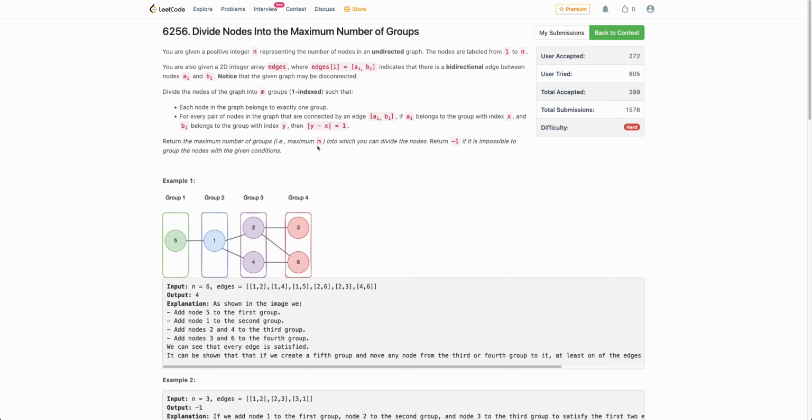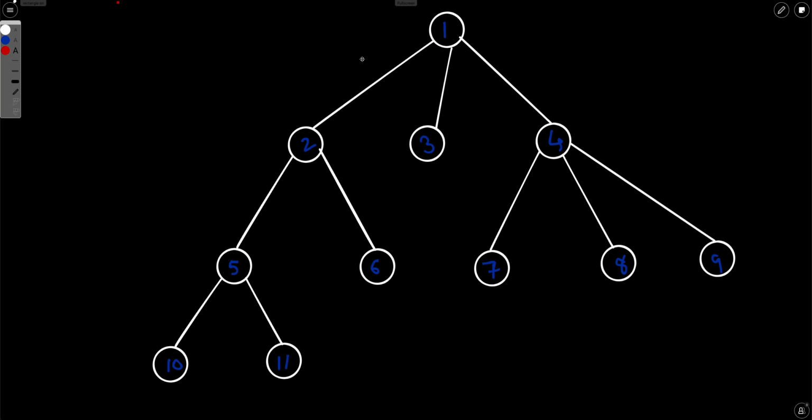We are still ignoring the case that the graph may be disconnected. But now let's assume that the given structure is not a tree, it is a graph. So what could happen in a graph? You can still lay it down in the same fashion, that is fine. But what could happen in a graph is you would have other edges like this, or maybe this.